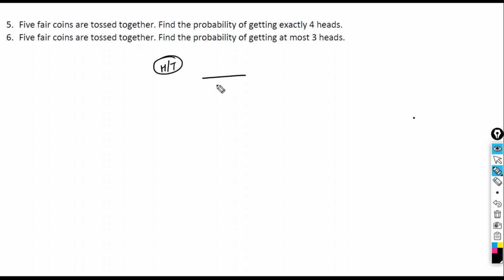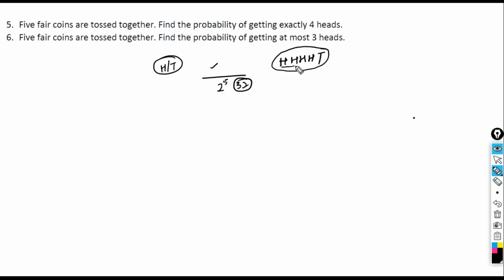So the total possible outcomes are 2 raised to the power 5, which is 32. In the numerator, we require exactly 4 heads, which means there is going to be one tail on one of the coins. We just need to focus on how many ways they can be arranged.